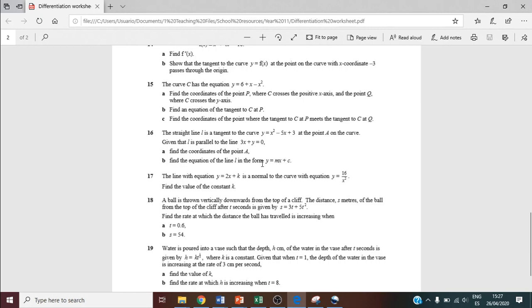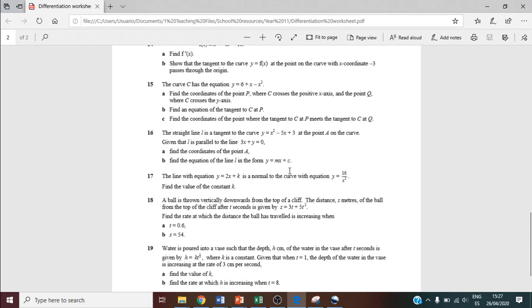So you'll rearrange that, you'll solve it, getting c by itself, you'll find c's value, and then remember to write your final answer as y = the m value that you have from here, x + the c value that you worked out, right? y and x are still the letters y and x, m is the value that you found up here, and c is the value that you just worked out.